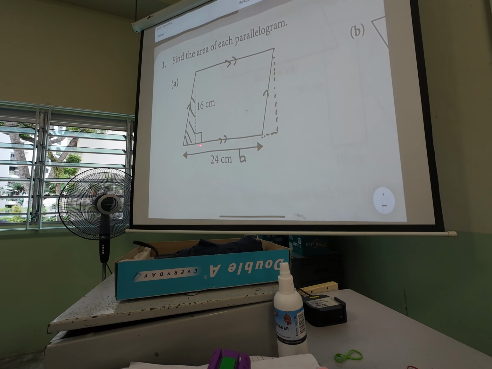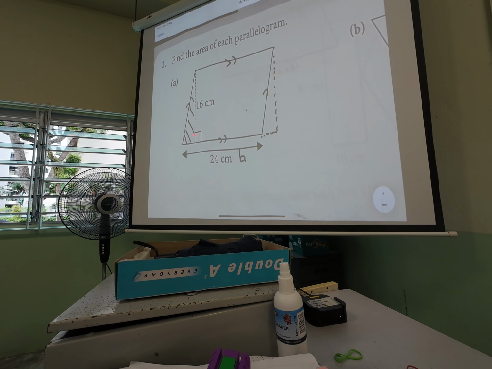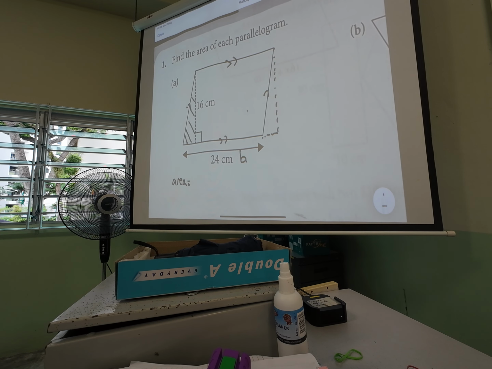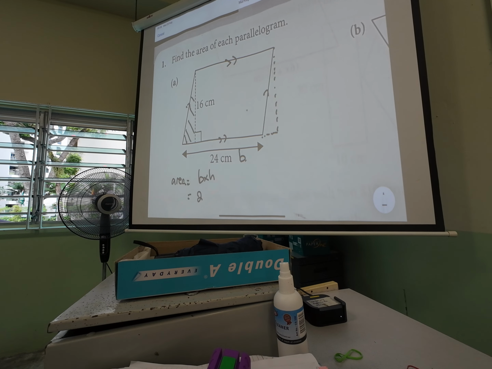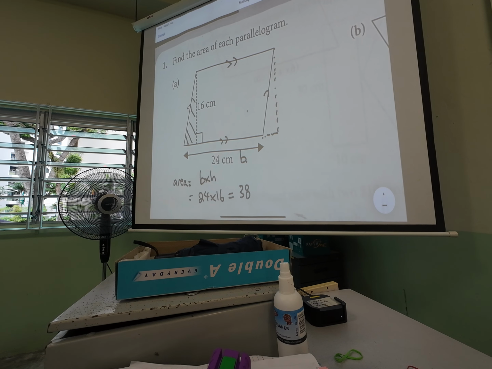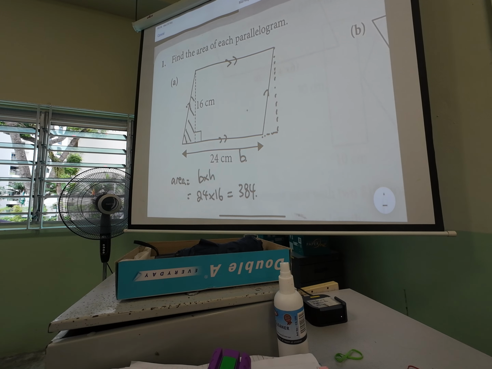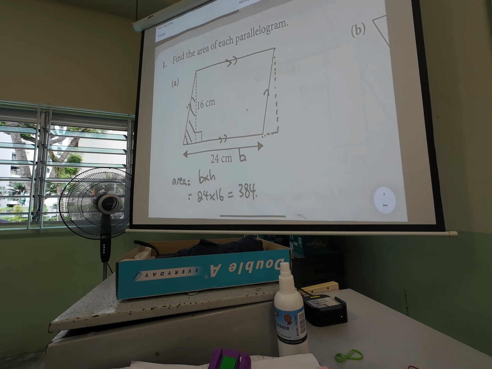Then 16 is the 90 degrees perpendicular line between this parallel side. So the area of this parallelogram is actually just equal to base times height, or equal to 24 times 16. So it is just about identifying where is your base, where is your height. Then we always go back to the basic idea. Base and height 90 degrees apart.